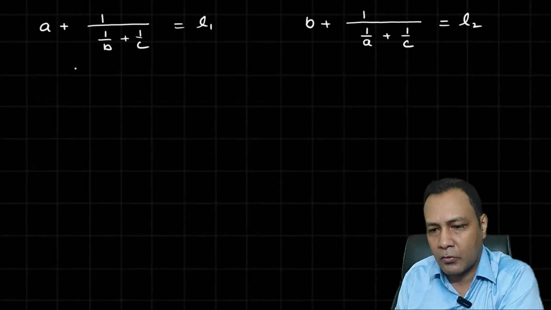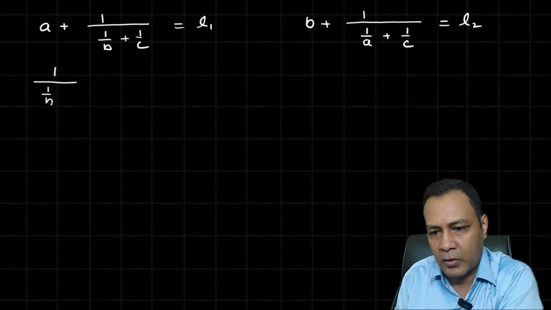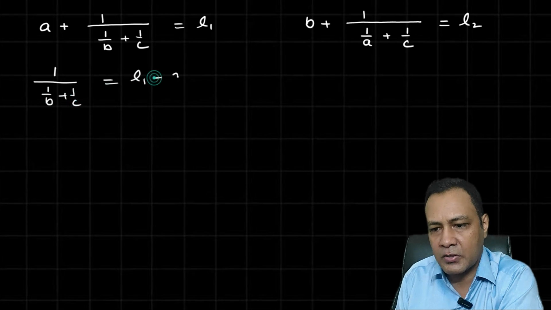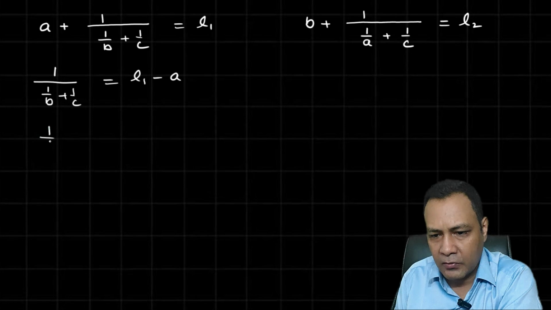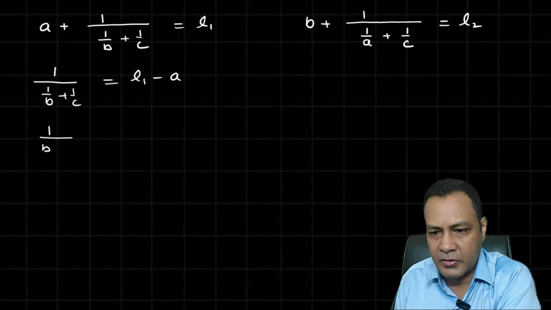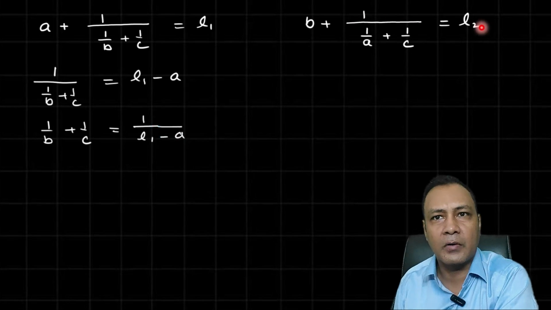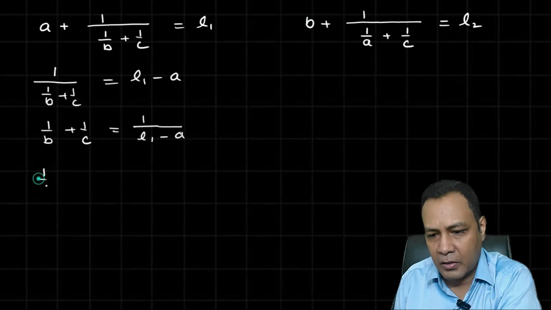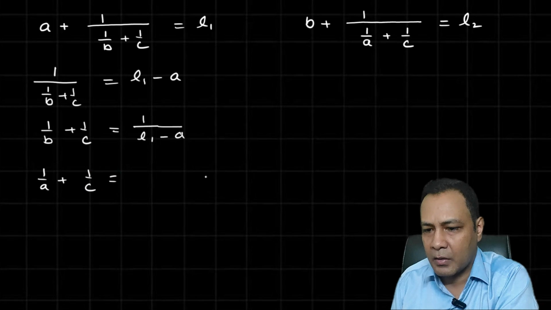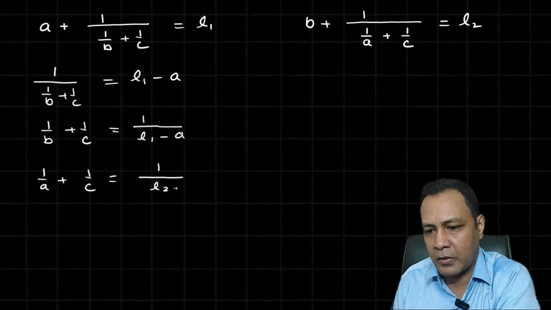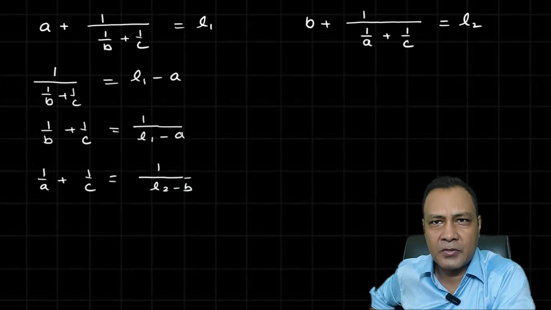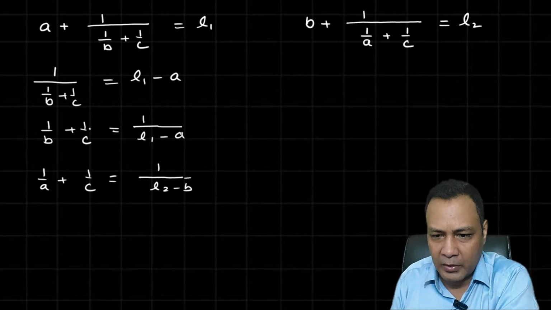So this is what we obtained from the previous place. Let me rearrange this. Rearranging, I get 1 upon 1 by B plus 1 by C is equal to L1 minus A. Taking the reciprocal of both sides, 1 by B plus 1 by C is equal to 1 upon L1 minus A. Similarly for the other equation, 1 by A plus 1 by C is equal to 1 upon L2 minus B. C is the quantity we want to get rid of, so let me take the difference of these two equations.